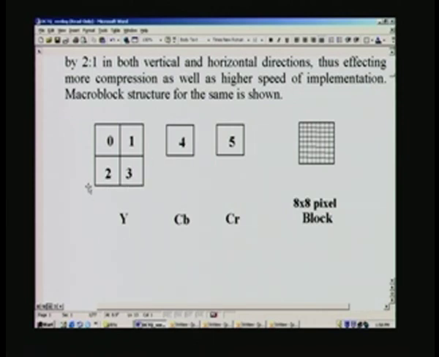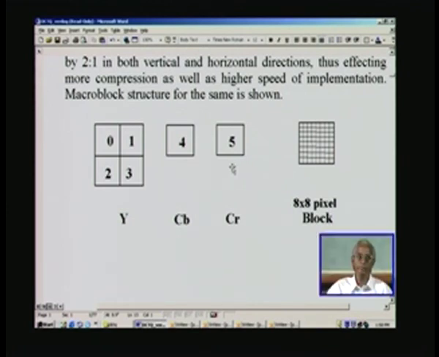So, with this standard recommendation, we need to process only 6 blocks instead of 12. That means half the number of blocks. Instead of full color processing, we get double the speed, which is just 1.5 times the monochrome speed.